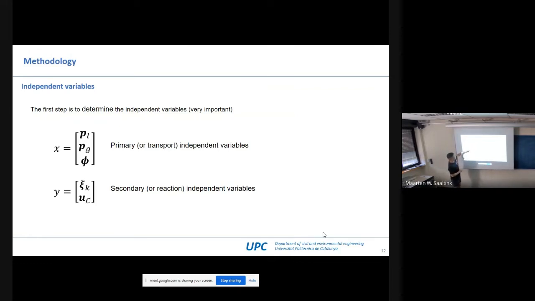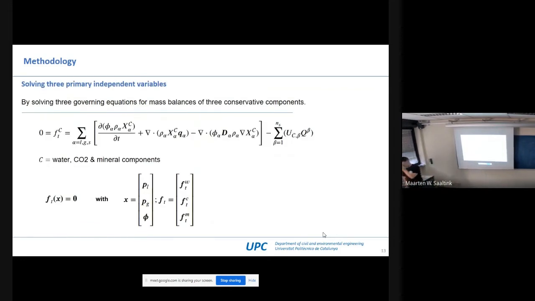First we solve these three transport independent variables. We have 3 independent variables, so we need 3 governing equations. We have 4 governing equations for the components, and we select 3.